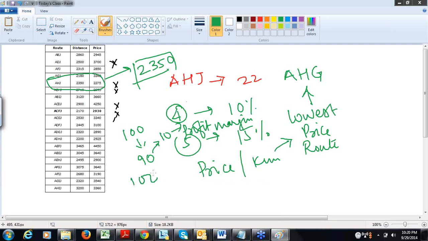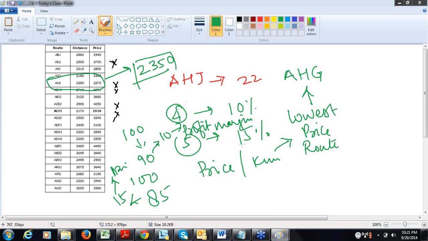Now if the price is 100 and the cost is 85, then 15 is the profit margin. So that won't make a difference in this case, because the lowest route will remain the lowest route. Even if the margin increases or decreases, whatever it is, it will be the lowest, because it's a numerator. So you divide it by anything, and if it is the lowest, the value will be the lowest.